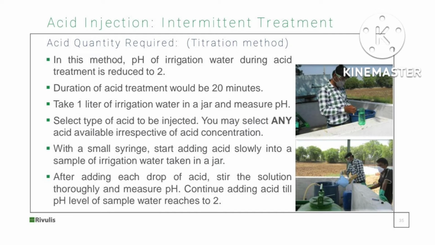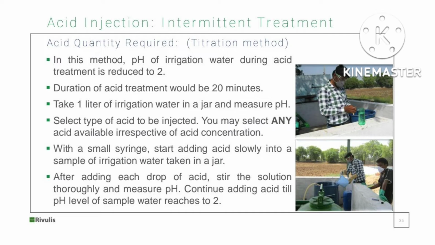Acid quantity required, titration method. In this method the pH of irrigation water during acid treatment is reduced to 2. Duration of acid treatment would be 20 minutes. Take 1 liter of irrigation water in a jar and measure pH. Select the type of acid to be injected; you may select any acid available, irrespective of acid concentration.